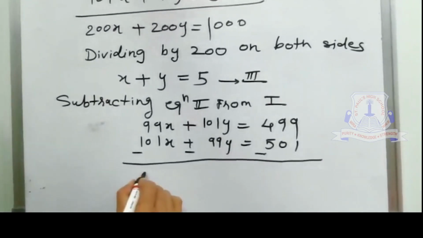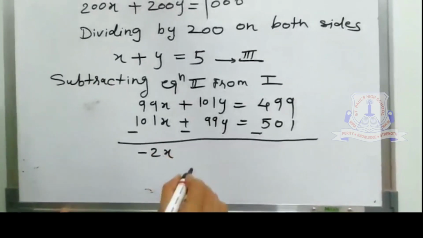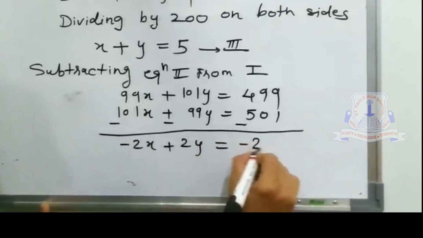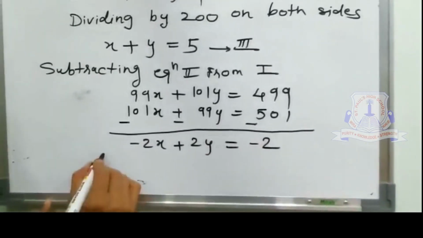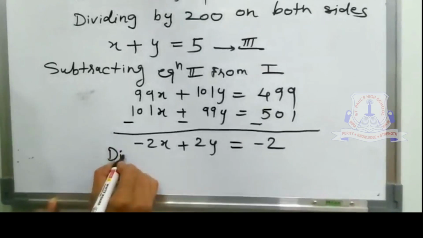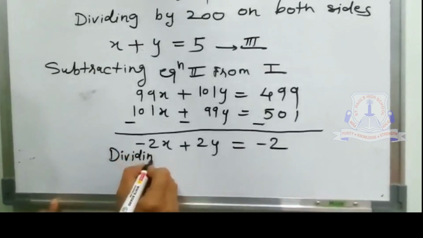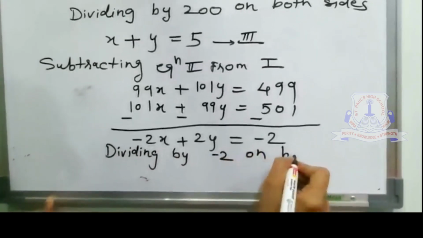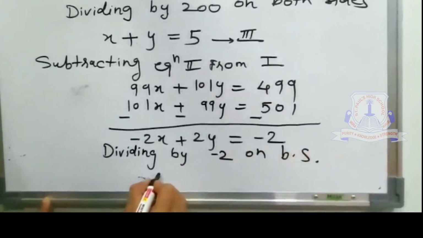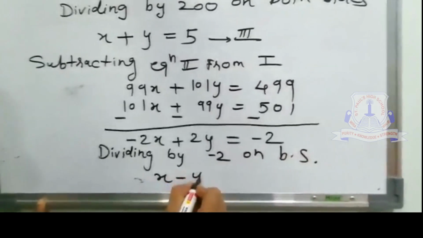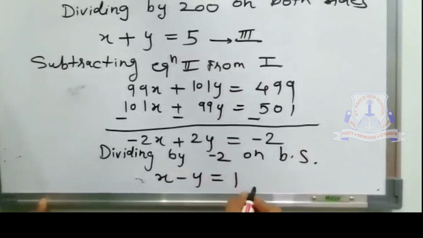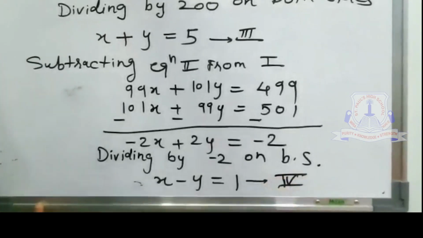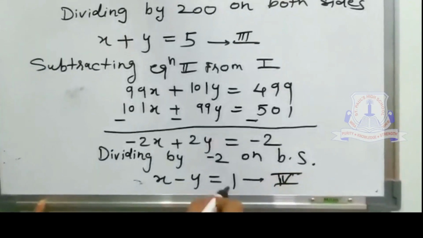We will get minus 2x plus 2y equal to minus 2. Dividing by minus 2 on both sides, I will get x minus y equal to 1. That is equation number 4. X minus y equal to 1.